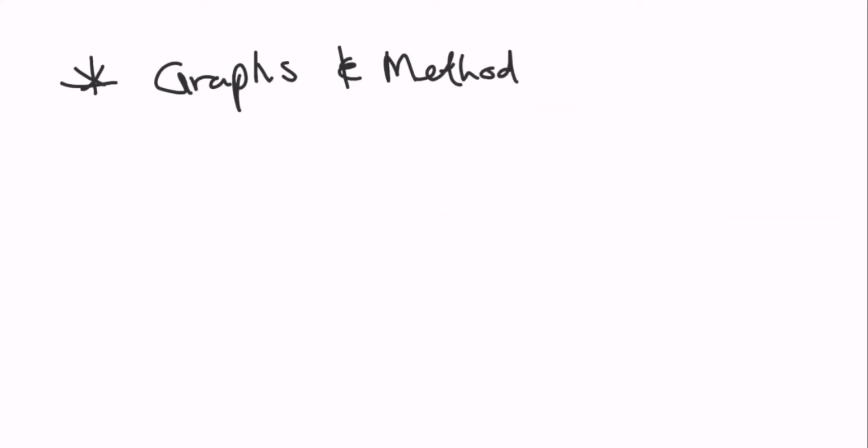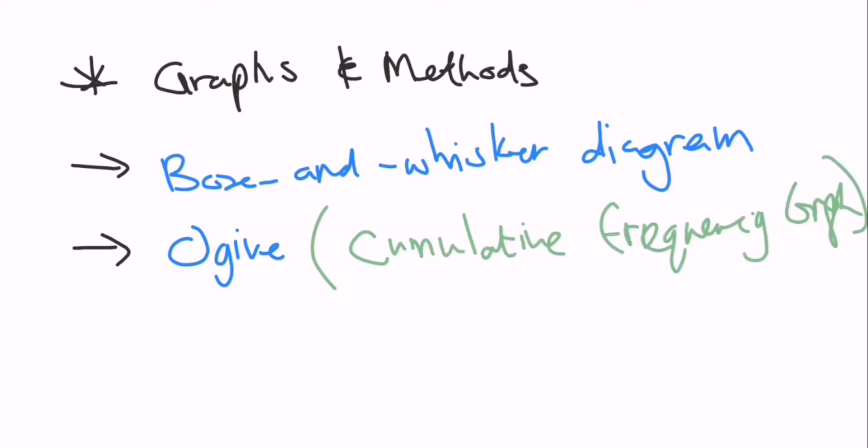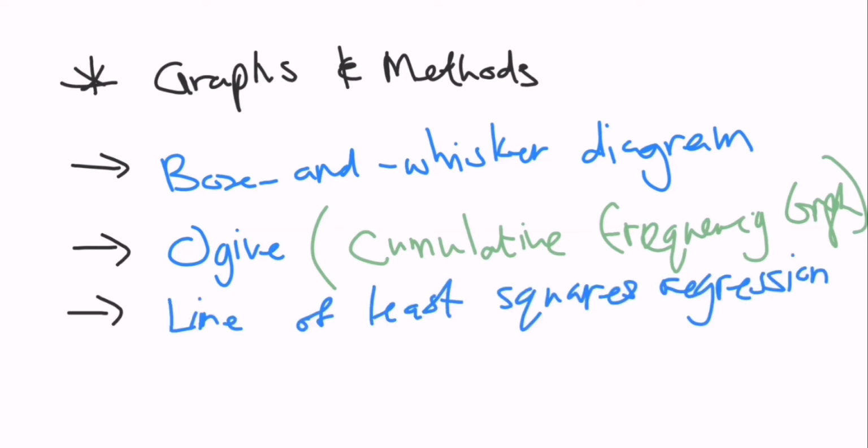The practice itself, the graphs or the methods in which we would see or do the statistics, will be either a box and whisker diagram, maybe perhaps an ogive, which some of you might know rather as a cumulative frequency graph, and last but not least, the line of least squares regression. And I trust that all of you have done this already.